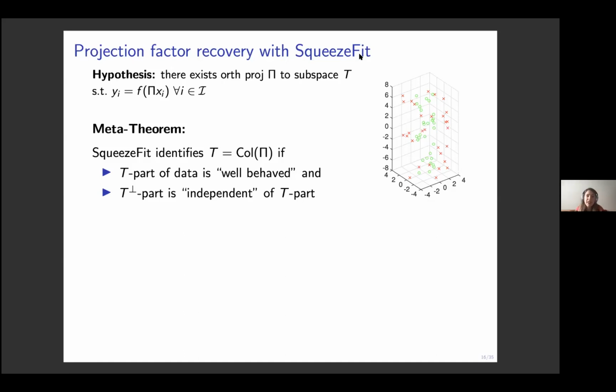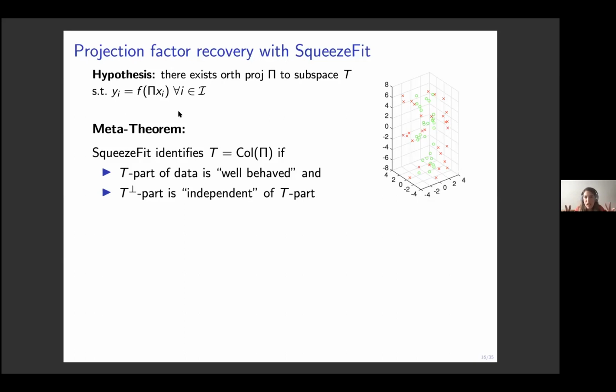So if you know that there exists a subspace T, so that when you project to this subspace, your labels are a function of the projected data, then you can recover this planted subspace, provided that the data in the planted subspace is well behaved, and the data in the orthogonal complement is independent of the data in T.